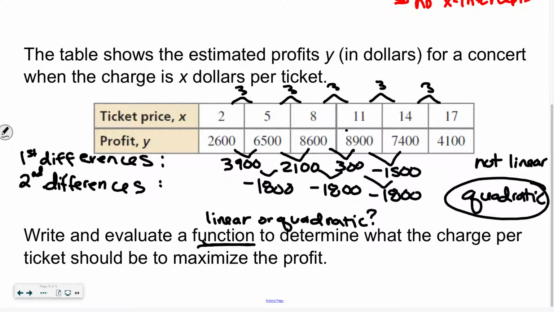I'll also put a little asterisk here. If this was real data, like if we were surveying something in the real world, like people getting sick, the numbers probably aren't going to be perfect, right? Like negative 1,800 every time. Because we're working with money here, it makes sense. Okay?